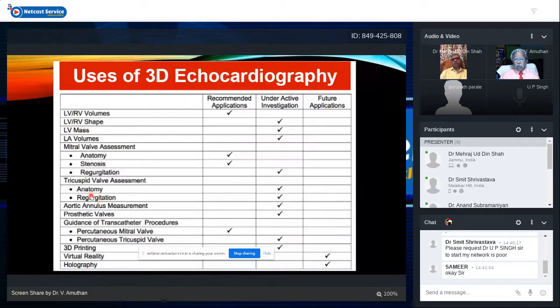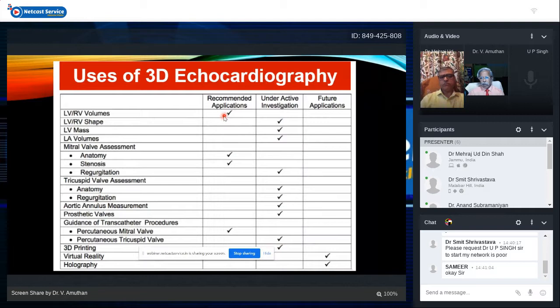So commonly used 3D echocardiographic techniques involve the assessment of LV, RV, LA, and other things. Chamber assessment has become very important, used for transthoracic echocardiography, and assessment of the valves, especially the mitral valve anatomy, stenosis, and regurgitation are easily accessible by 3D.